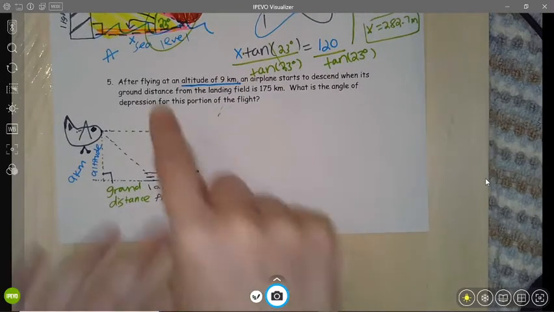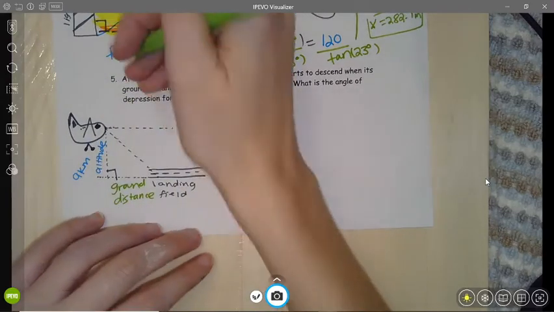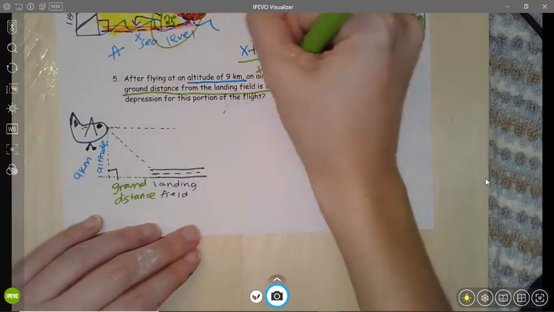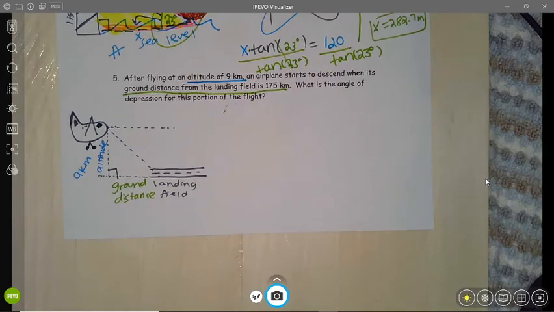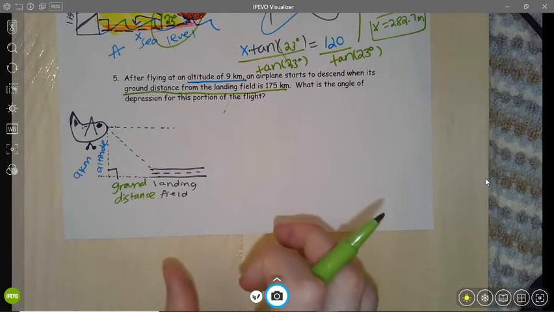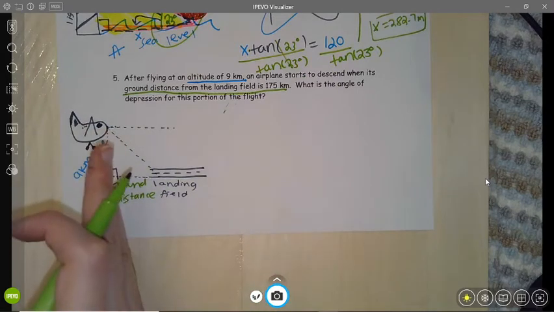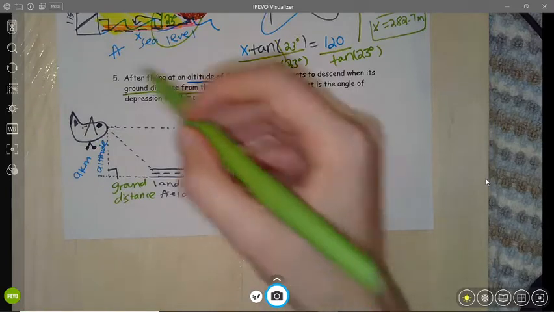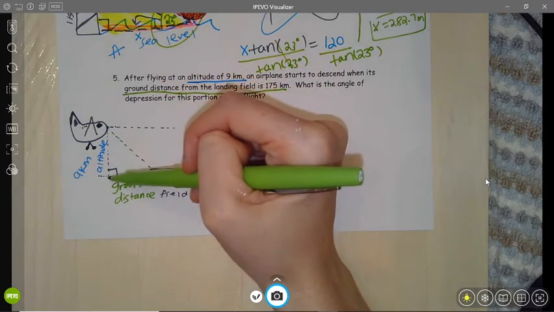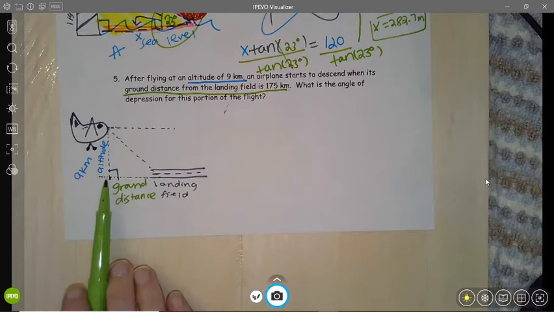So the ground distance. Ground distance means the horizontal distance the plane is from where it currently is to the landing field. So I drop down this vertical line to represent where the plane would be currently if it was on the ground.